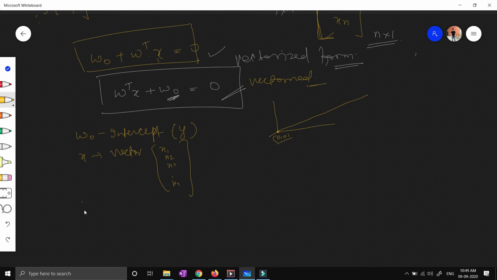And what is W? W is normal to the plane, and it is also a vector, right? If this is my line, and all these points are there like x1, x2, x3, x4 and so on, this is my hyperplane pi. In that case, W is my vector which is normal to the plane.